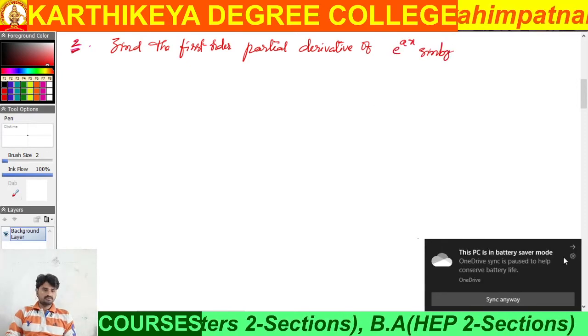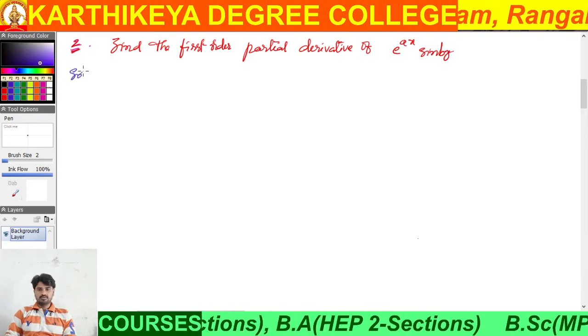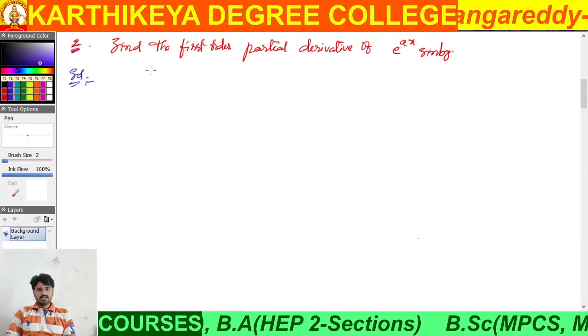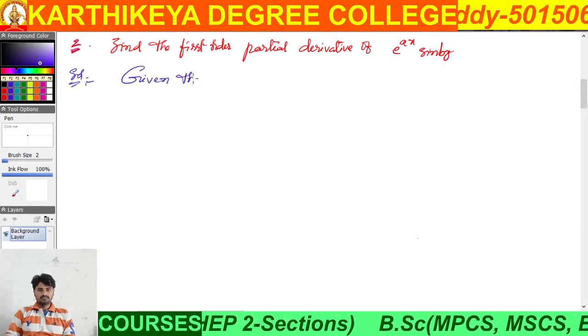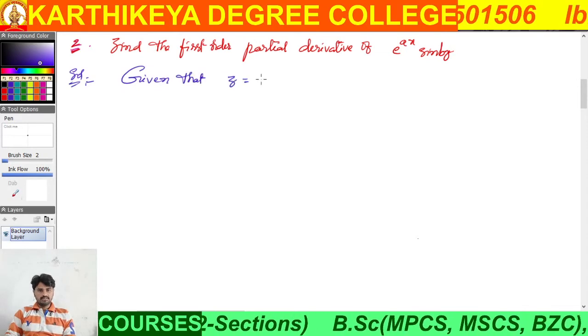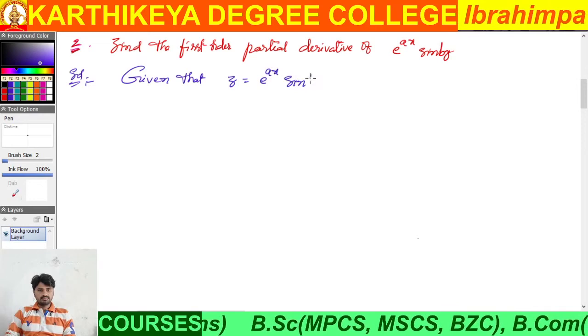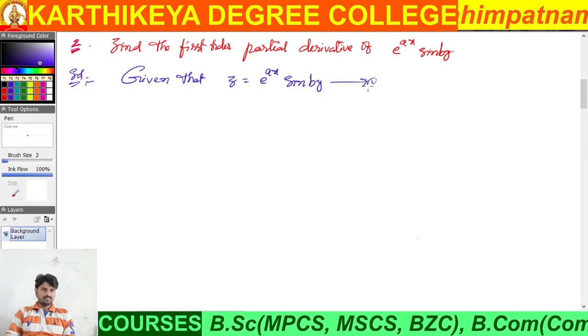Okay, this is the problem you have seen here. Look here students, the given function is z equals e to the power of ax times sin by. This is equation 1.